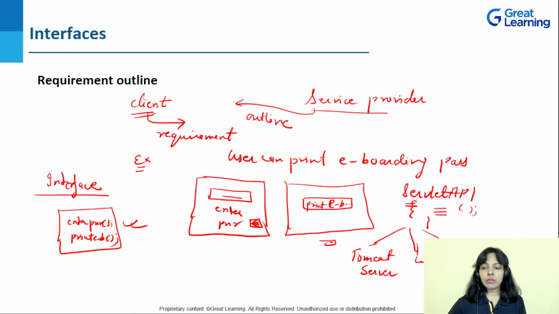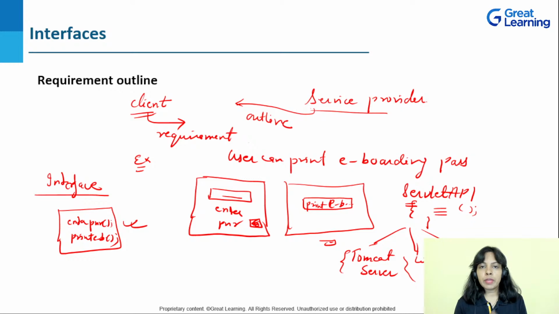So what you understood with this is why the servlet API is created as an interface. Because the servlet API is telling that these functionalities should be there, and how they should be implemented in the project is left to the other classes that make use of this interface. So Tomcat server, WebLogic server, and many others will make use of this servlet API.